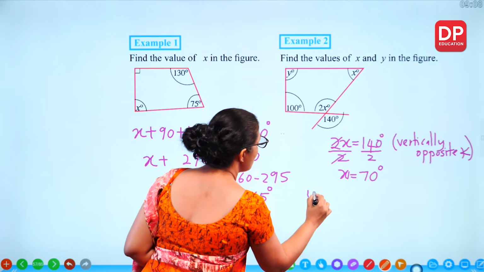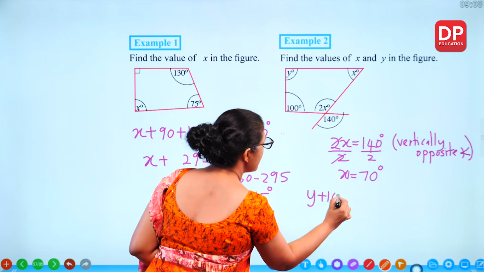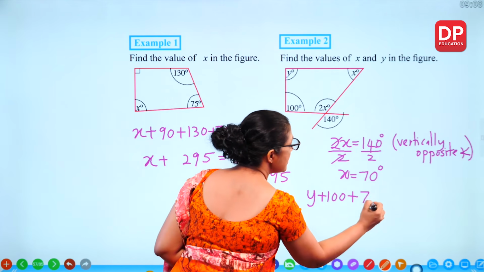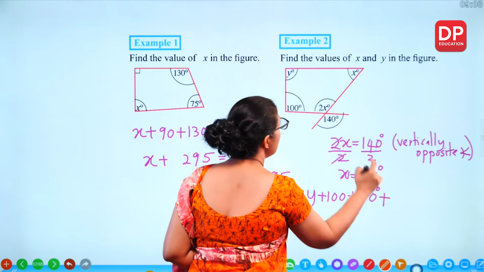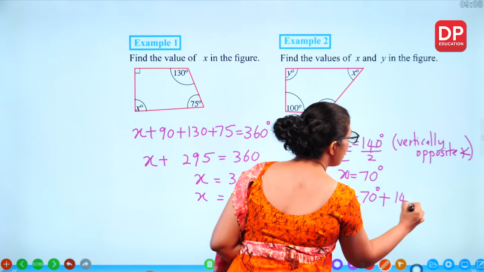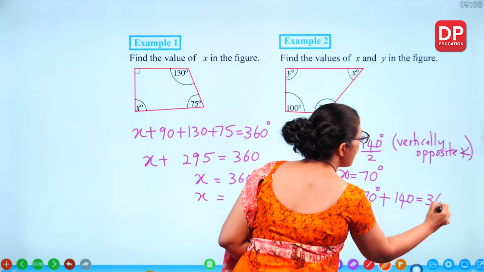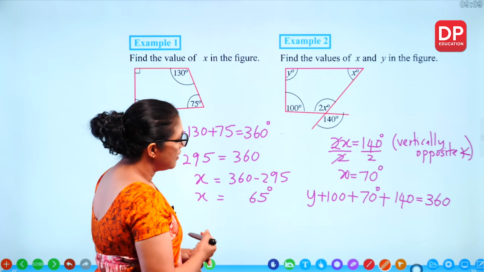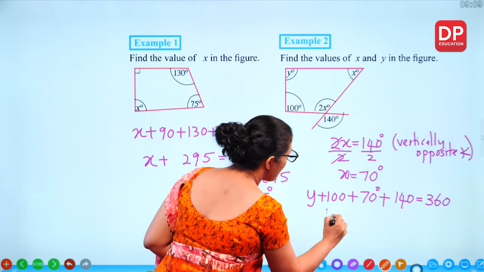So we can write y plus 100 plus x is 70. And here 2x, 2 times 70, that's 140. Let's add up to 360 degrees. Now add these three angles.